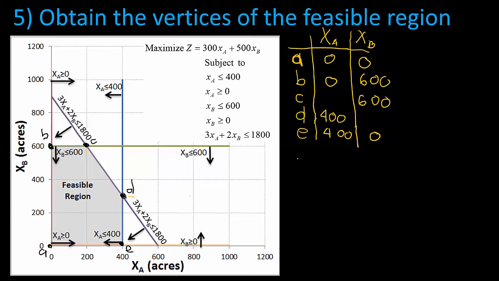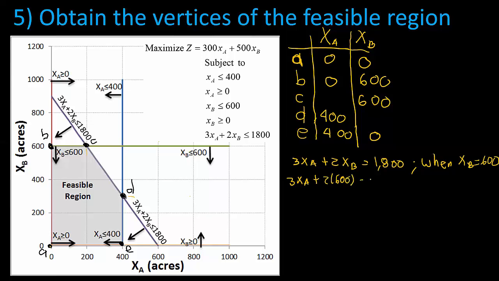So when xb is equal to 600, then it will be 3xa plus 2 times 600 equal to 1800.